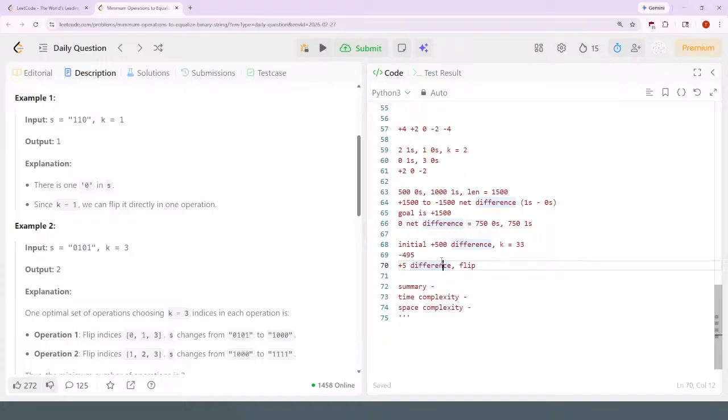Does it not? So plus 5 means I need 28 more. And if I get 28 more, then if K is odd, I don't think I can do a change that's even. What is wrong with this?